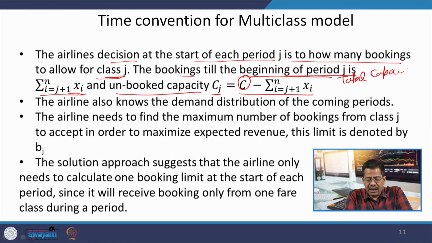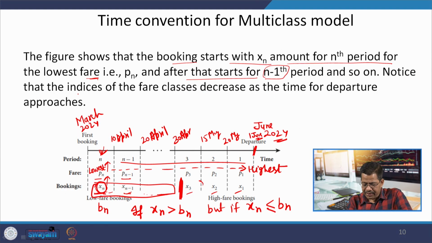And we will see that more demand is expected in the higher fare class. Using the power of analytics these days, we can also have dynamic booking control: you initially decided that we are going to have B 1, B 2, B 3 kind of booking, but B 1 can also change, B 2 can also change, B 3 can also change in real time.